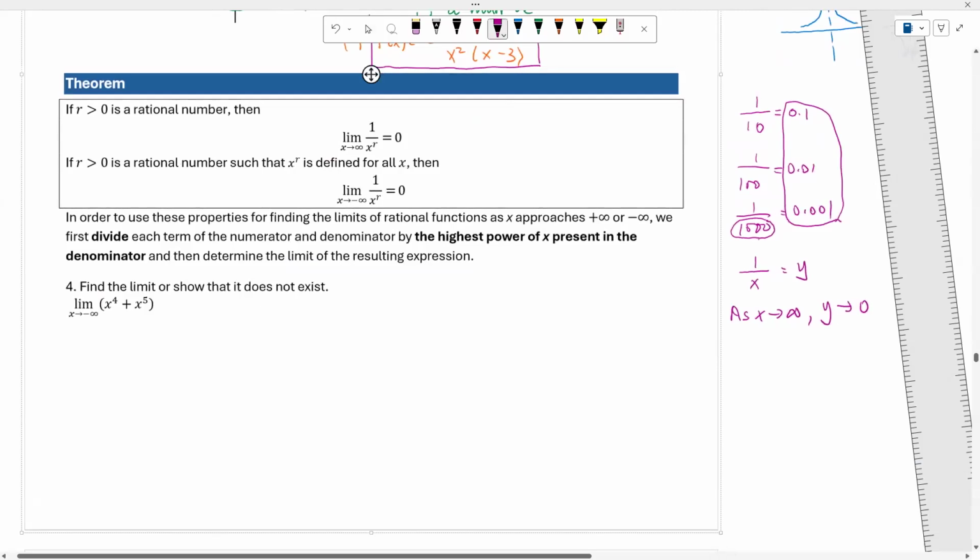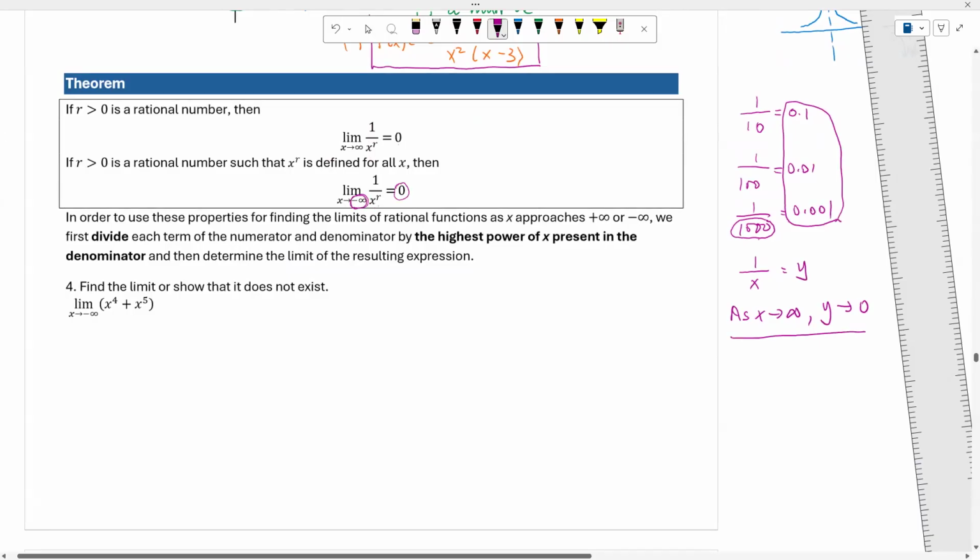If I have 1 over a number that is getting bigger and bigger to infinity, then my output is equal to 0. Same thing with the other one here. If x is getting bigger and bigger in the negative direction, my output again is getting closer and closer to 0.